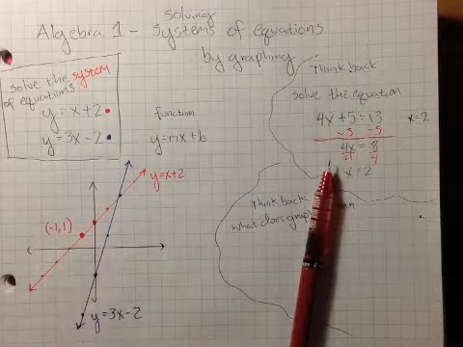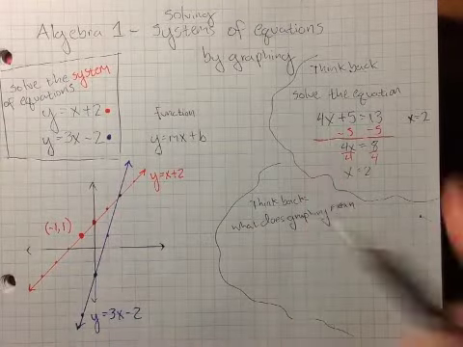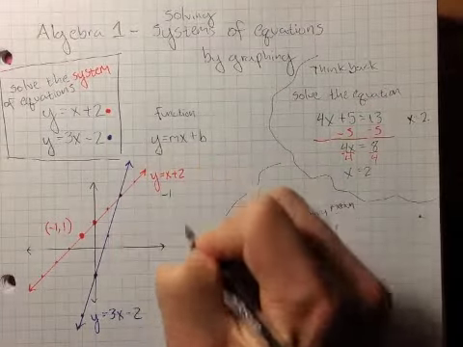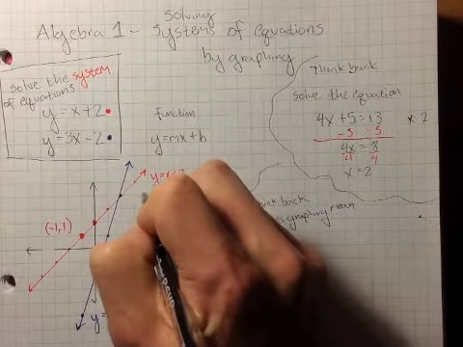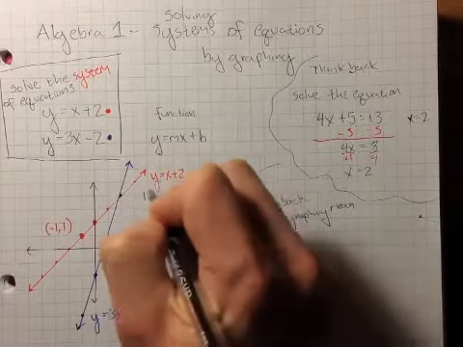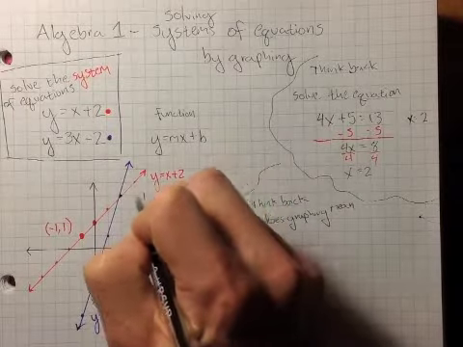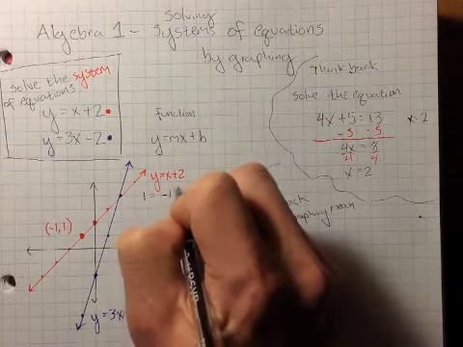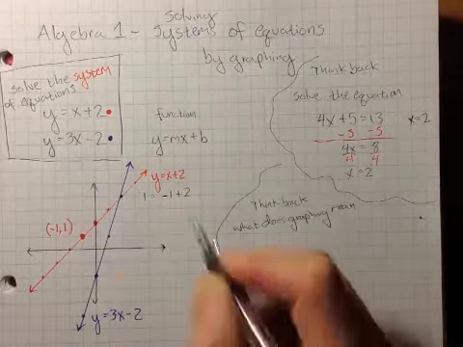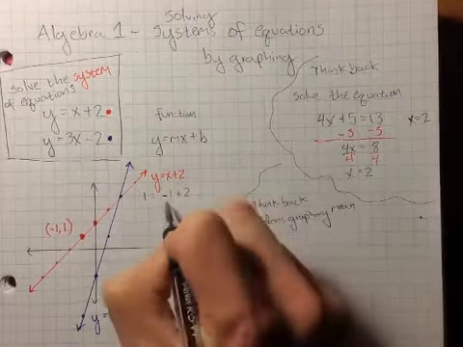That means that if I put negative 1 in for x, and I put in positive 1 for y, this equation would be true. 1 equals negative 1 plus 2. Negative 1 plus 2 is positive 1, which is true. Okay?